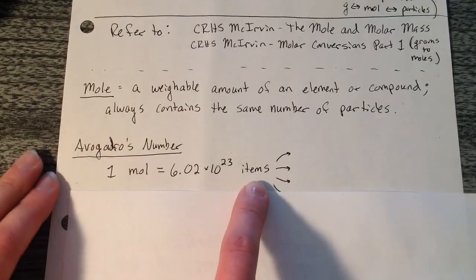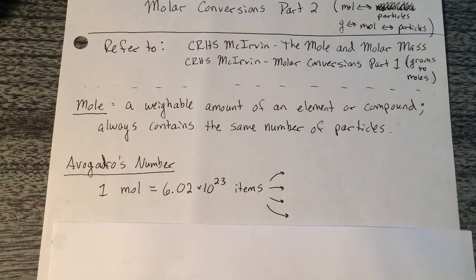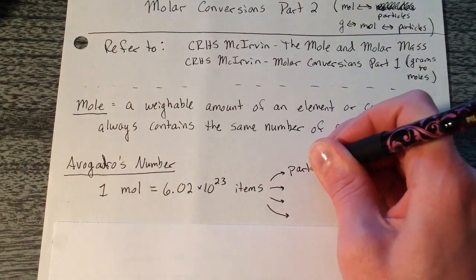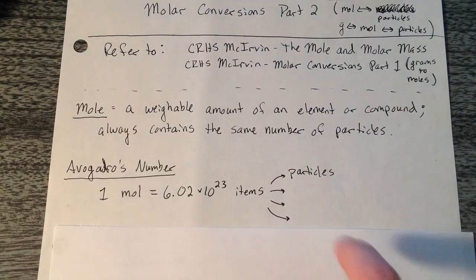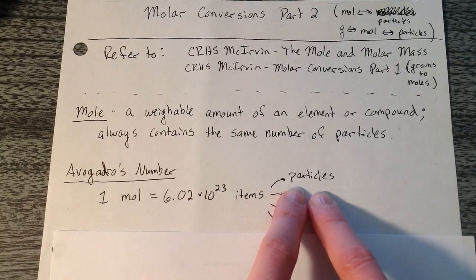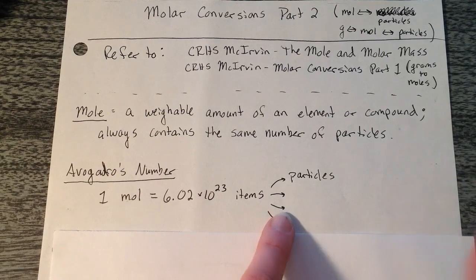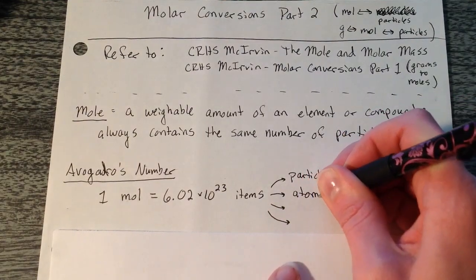So, in chemistry, you'll hear the word particles, and I actually used particles in my definition. Particles tends to be a general term. A little bit more specific, you'll hear me talk about atoms.